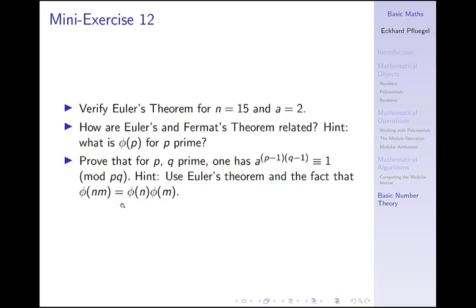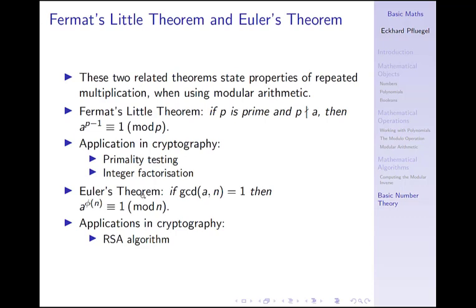That's the first part of the exercise. Second part, can you understand further how Euler's and Fermat's theorem are related? If you wanted to have Fermat's little theorem as a specialization of Euler's theorem, then all you need to do is assume that n here is prime. Let n be p, and then you will see that you obtain Fermat's little theorem.